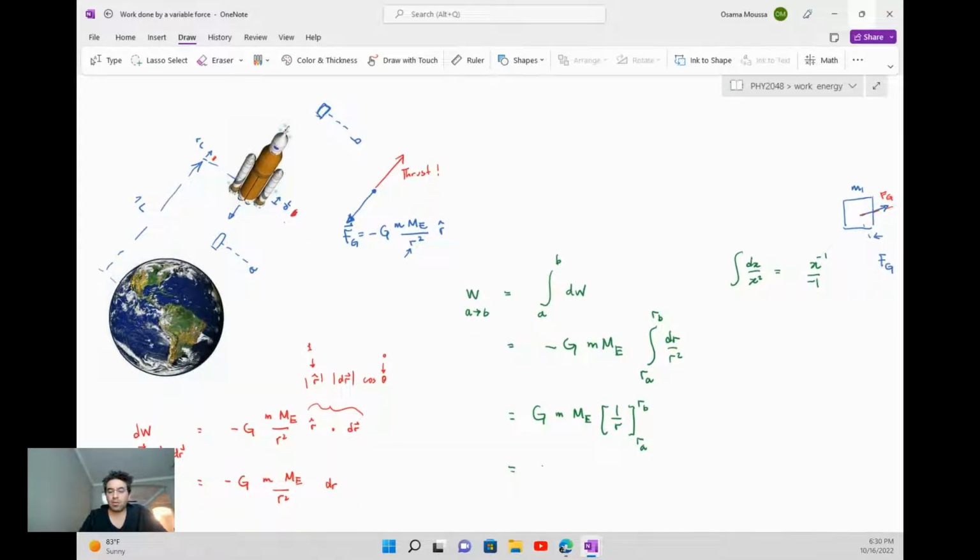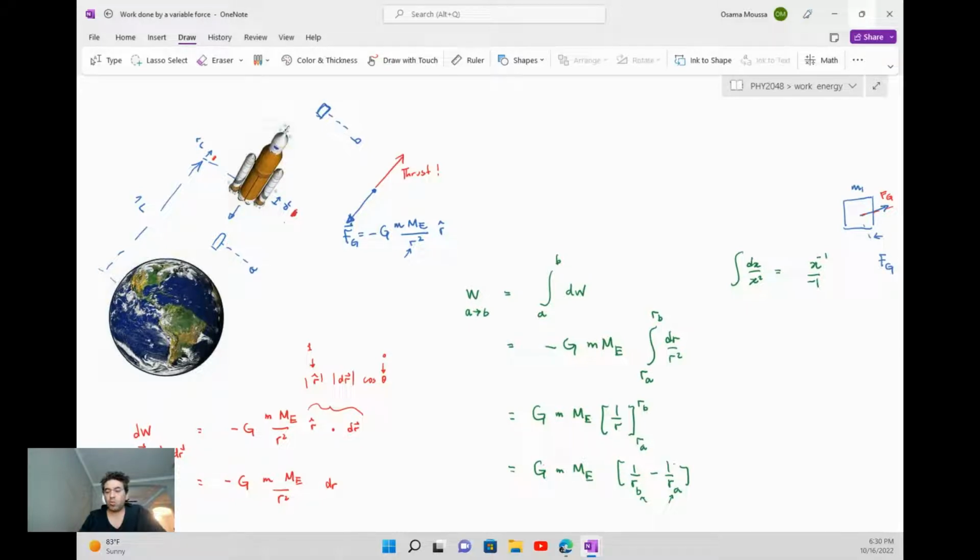So then this becomes, you might be scared a little bit because you say, oh, hang on a second, the work is no longer negative. But just stick with me for a second here. Because when I plug in the upper limit minus the lower limit, 1 over rb minus 1 over ra, rb is actually larger than ra.